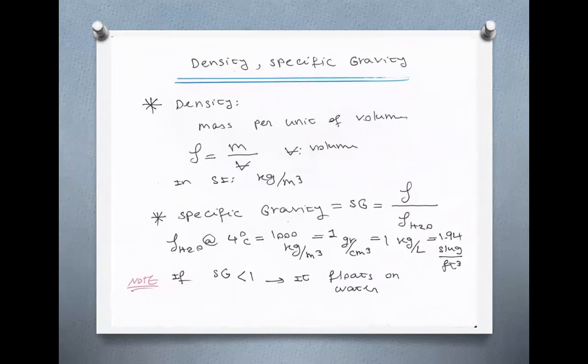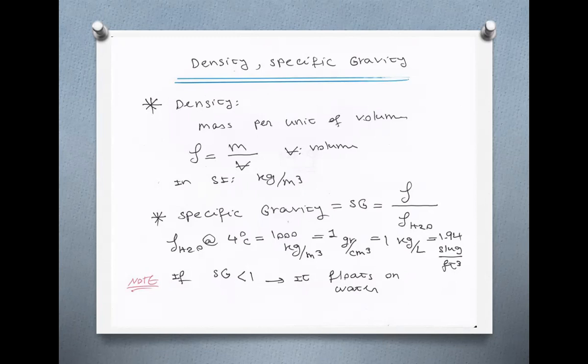Let's define density. I'm sure you all know what density is. We show the density with the Greek letter rho, and physically it means mass per unit of volume. If you divide the mass of a system by the volume, that gives you density.